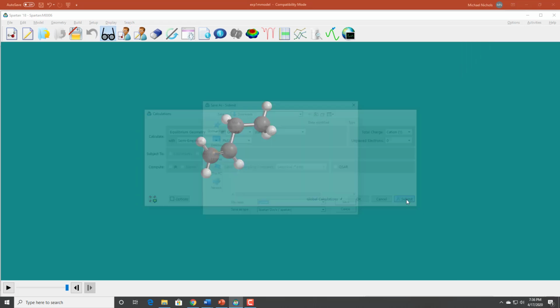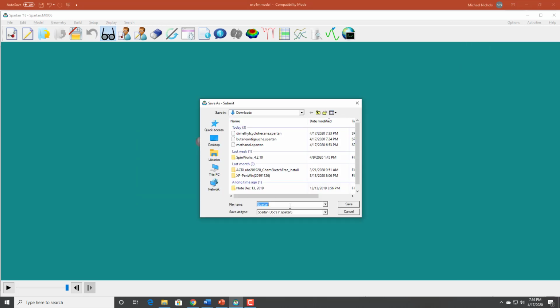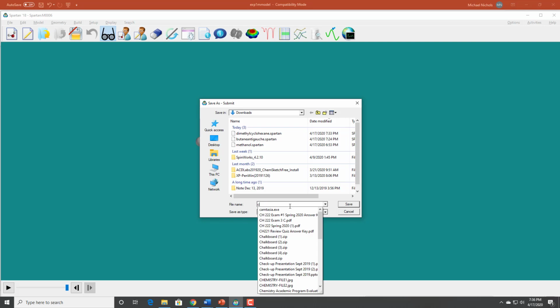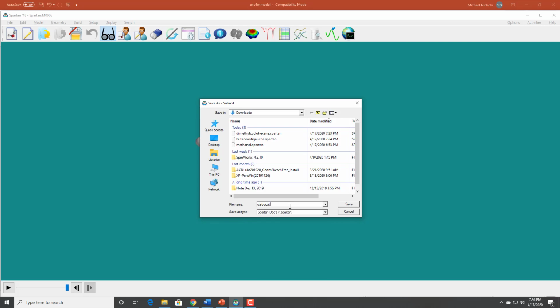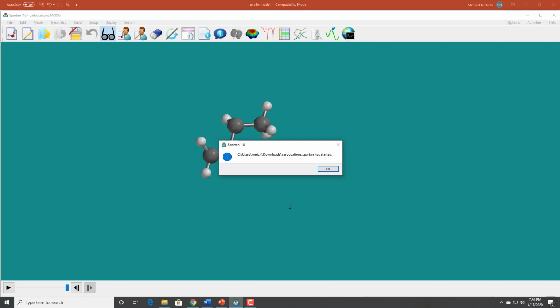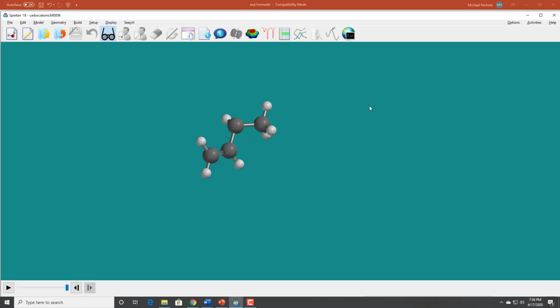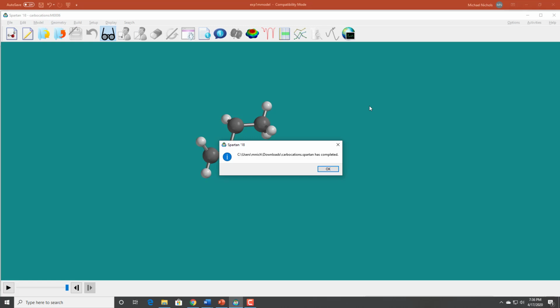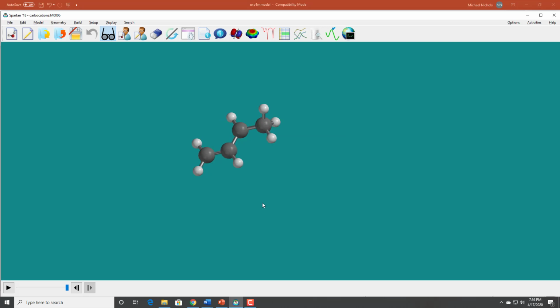So now let's do those calculations. So these are the carbocations, and now the calculation started. And now we wait. Whoa, 6 calculations later, there they are.